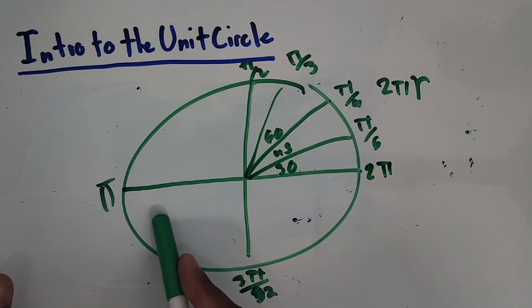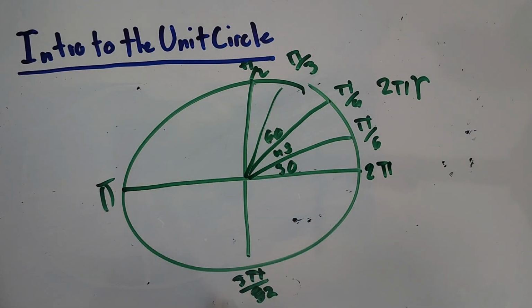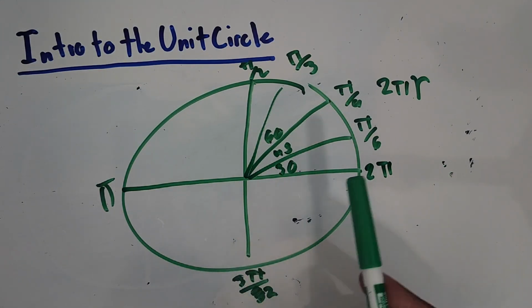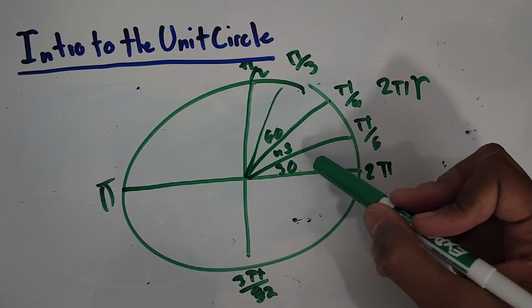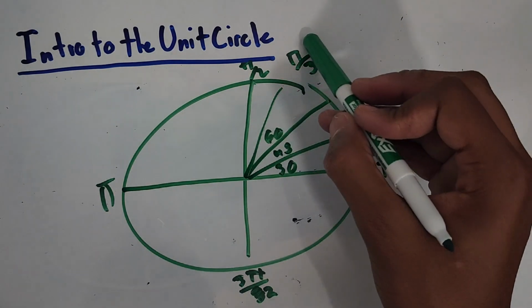And half a rotation is just pi. Now half of that is pi over 2. And 3/4 is just 3 pi over 2. So the way we can write our degrees as radians is you have 30 degrees is pi over 6, 45 is pi over 4, and 60 is pi over 3.